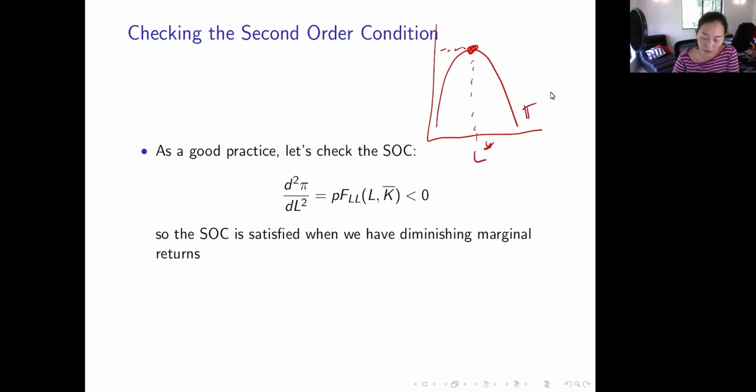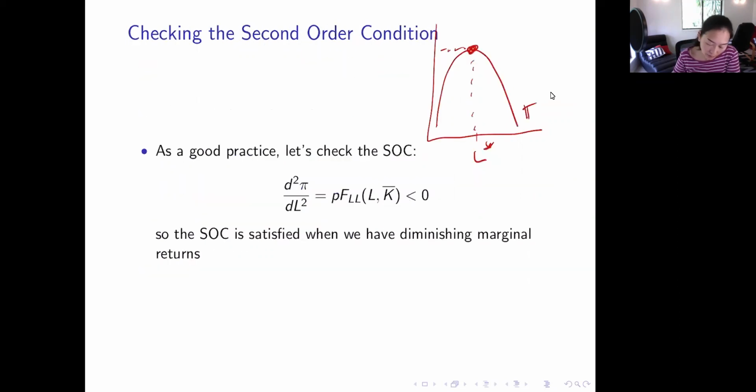We want to check that our profit function has a decreasing rate of the slope, so that if the slope starts from positive, it becomes negative, and so on, so that it has that maximum point. We want the second order condition to be negative, or the change of the slope of the profit function has to be negative.